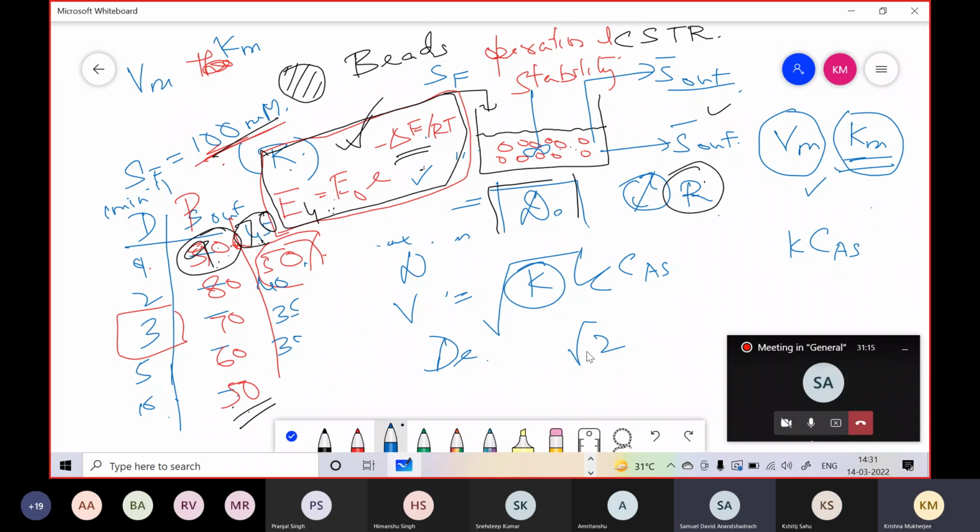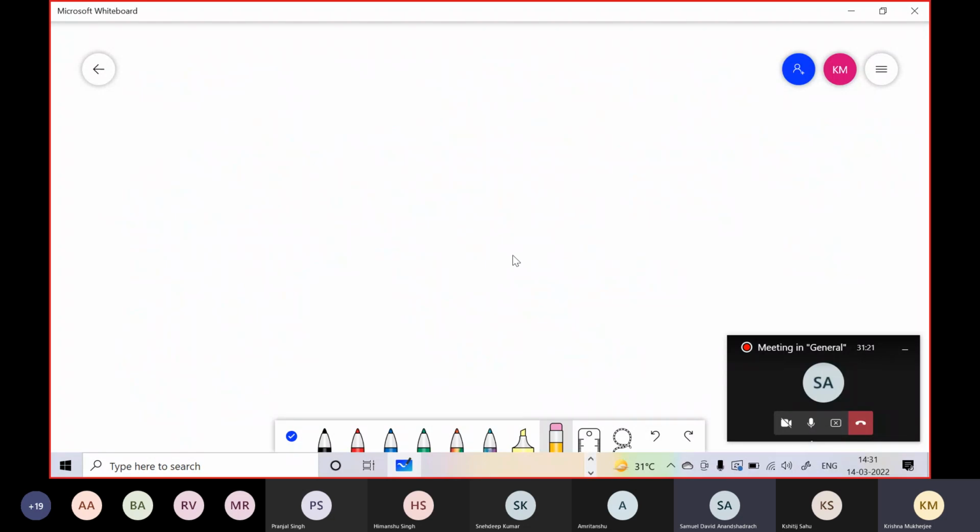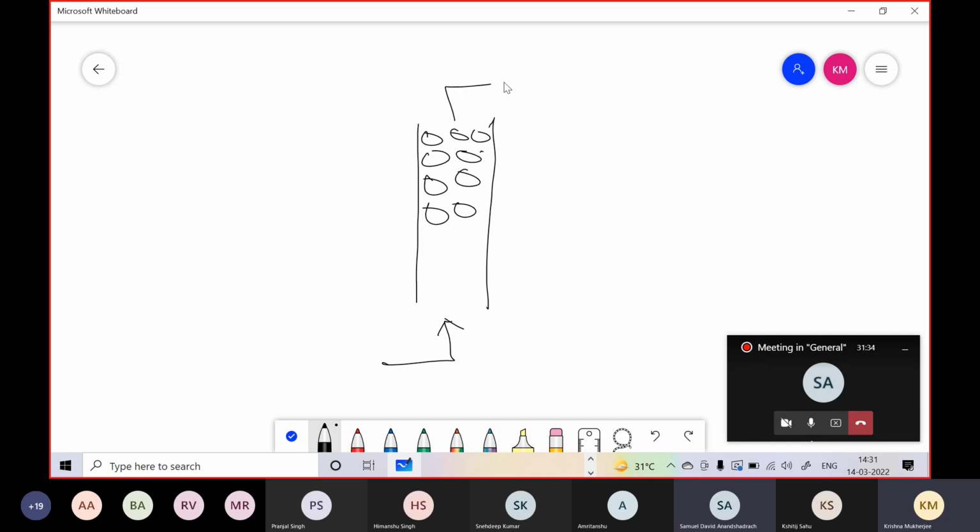And then finally, really that is the hard part, which is you actually take these beads and bung them inside a column. And so you actually say, well, hold on, this is what my output will look like, P out will look like, given a certain amount of external mass transfer, given a certain Damkohler number.